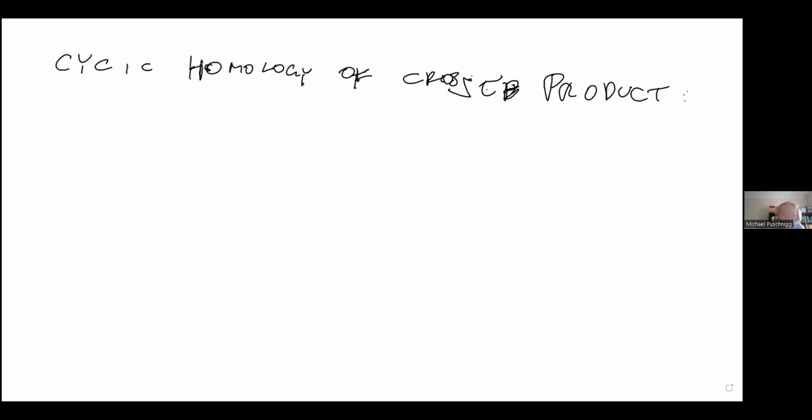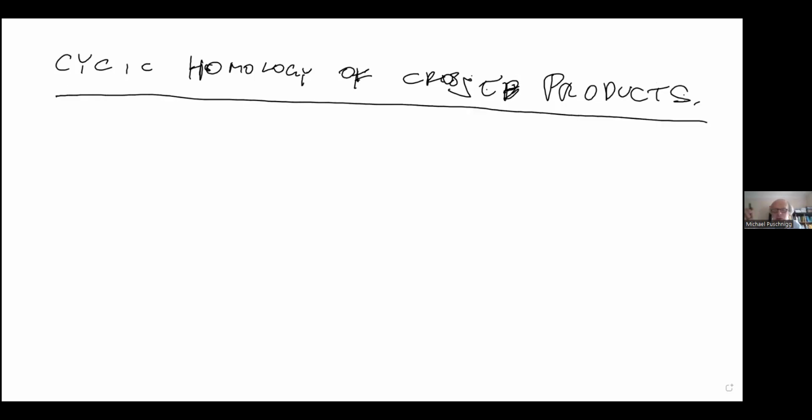This is one of the oldest calculations and maybe the first significant calculation of the cyclic homology of genuinely non-commutative algebras. And I will present a new proof of this, a new approach to this.